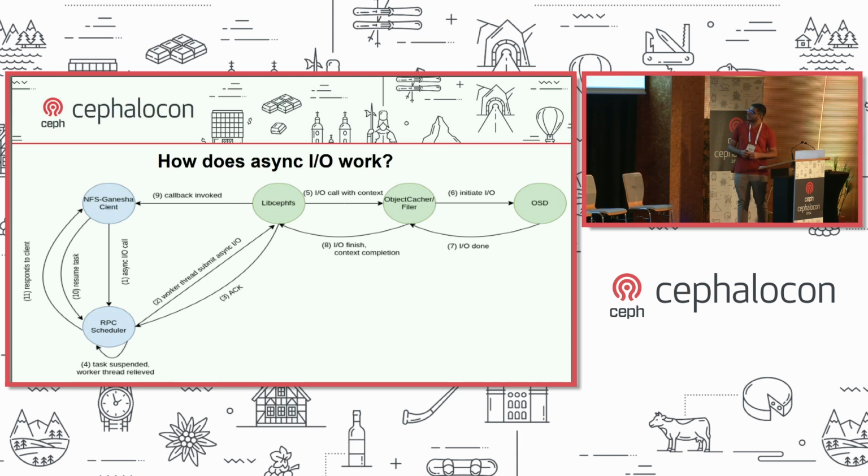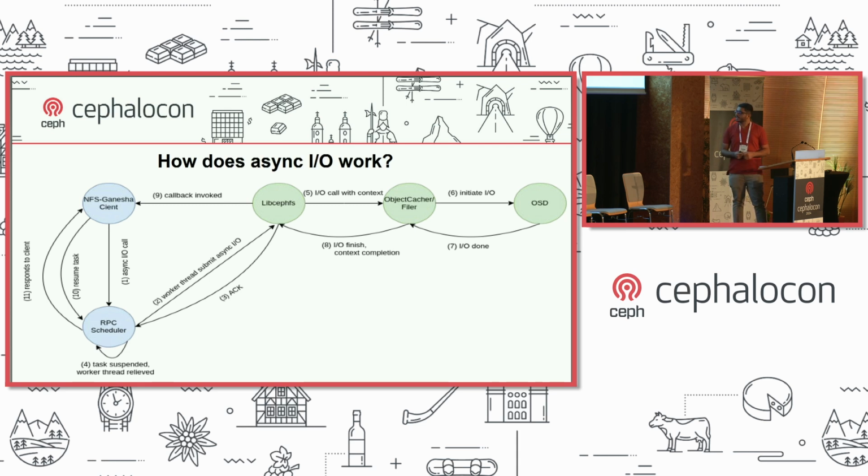The worker thread then sends the async I/O call to Libcephfs. When it reaches there, the Libcephfs callback is registered with Libcephfs, and this context is what makes this interface asynchronous.